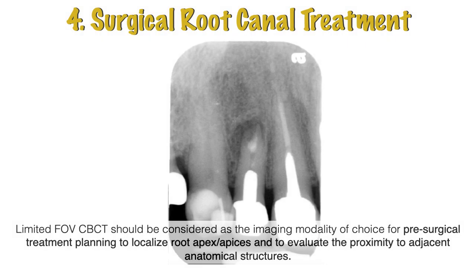For surgical root canal treatment, CBCT should be considered as the imaging modality of choice for pre-surgical treatment planning to locate root apices and to evaluate the proximity to adjacent anatomical structures.